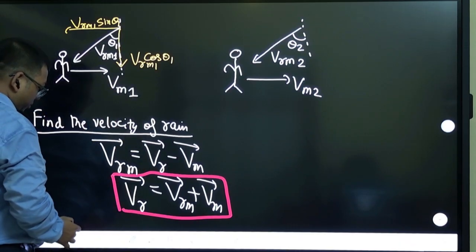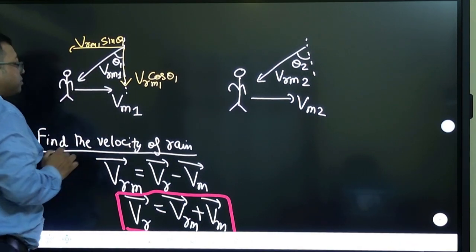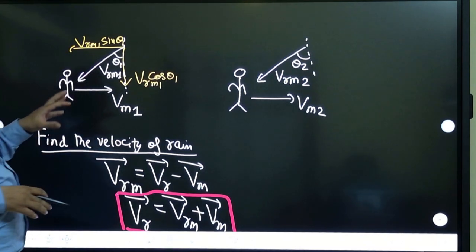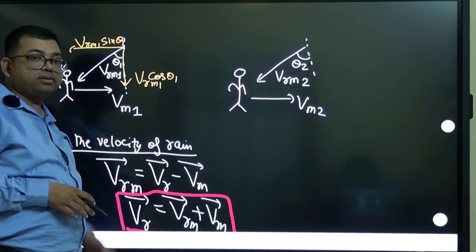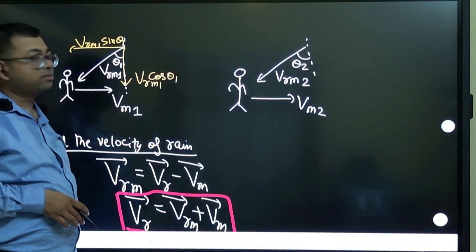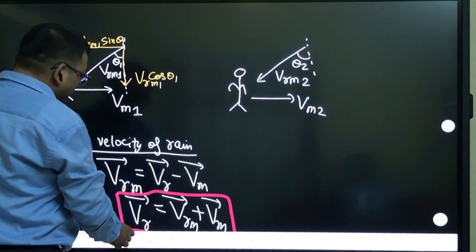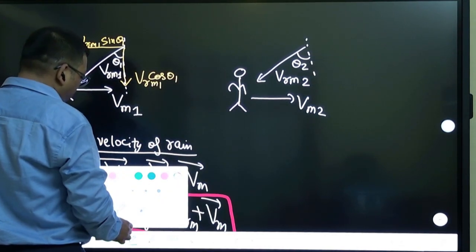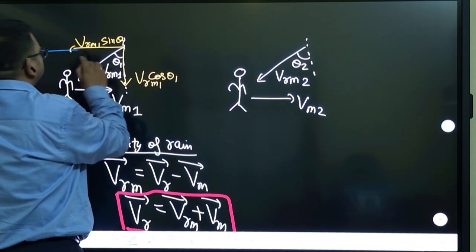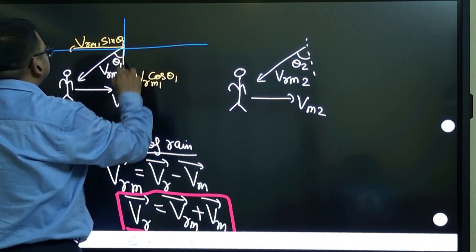Okay, I have broken into components. Horizontal is this one. This is x axis, this is y axis.